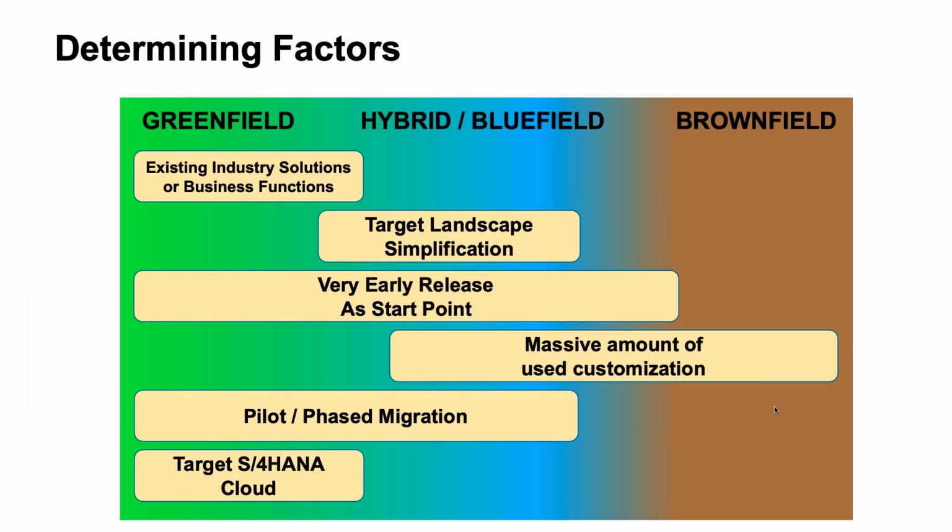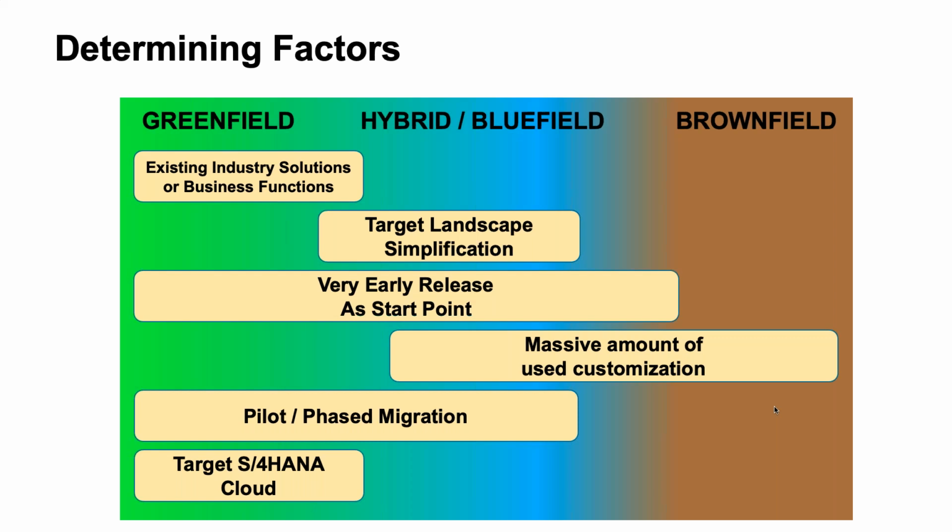Now, some of the considerations that may influence which of those options would be right for you are shown here. If you have an existing industry solution or a business function that precludes you from being able to do a system conversion, that may mean your only option is a greenfield or a mix and match based approach, because technically there's no path for you to take your existing system.